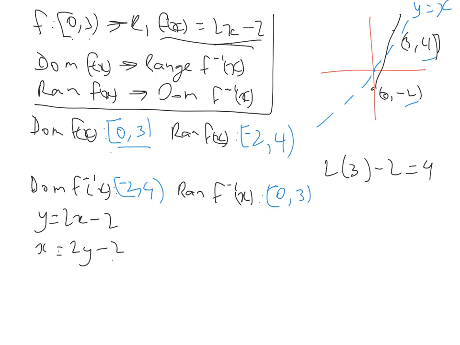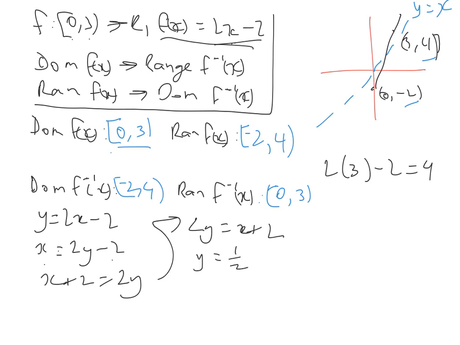So we bring this 2 over to the other side, so we'll have x plus 2 equals 2y. So we've got 2y equals x plus 2. Now we divide both sides by 2, so we'll have y equals 1 over 2 x plus 1.